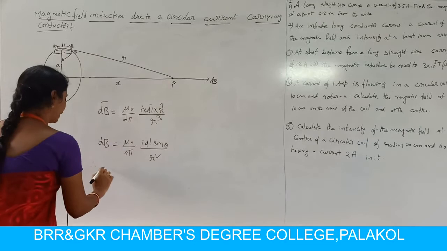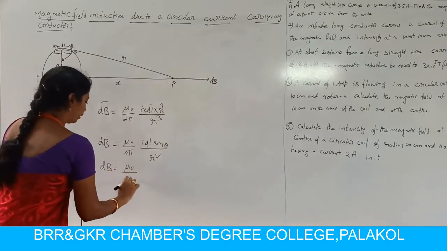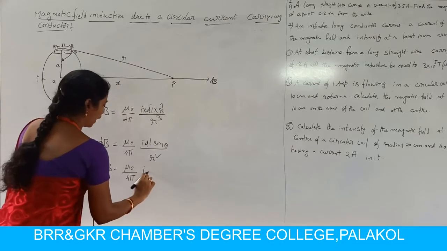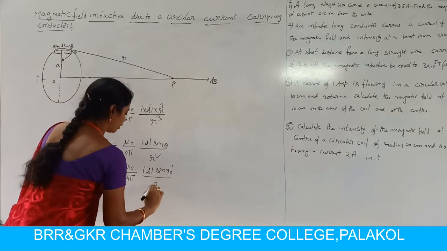So we can write dB equals mu naught by 4 pi, I dl sin 90 degrees by r square.